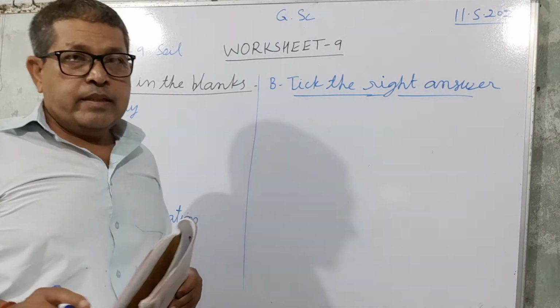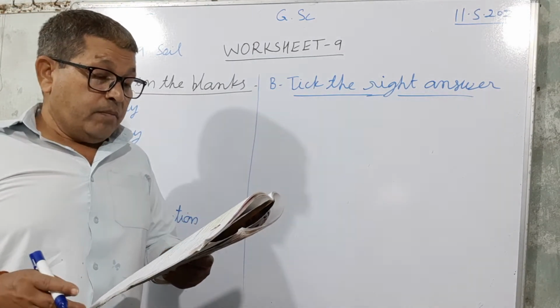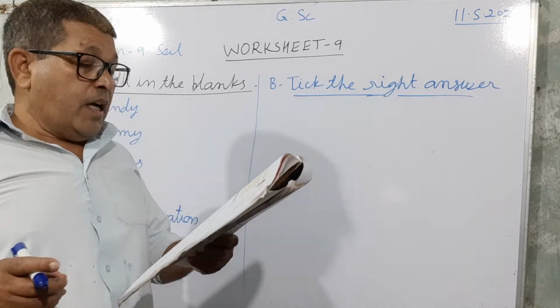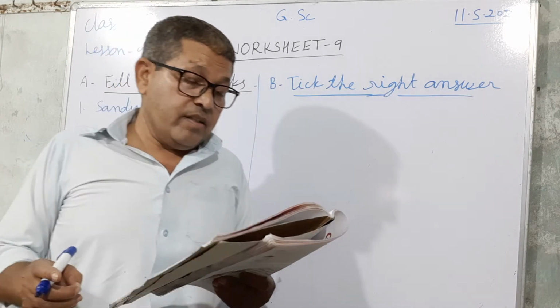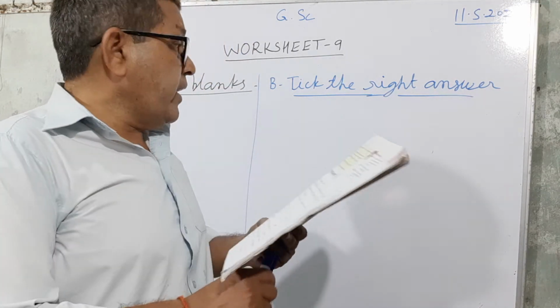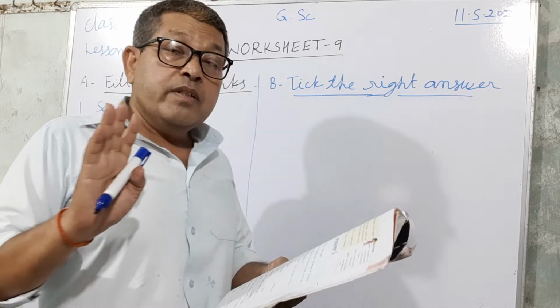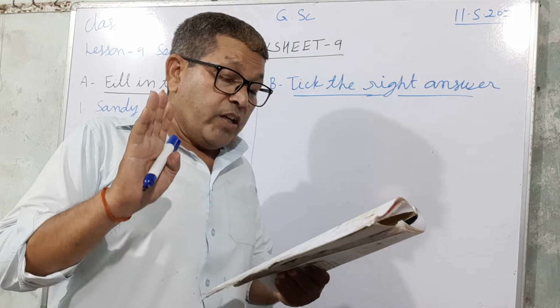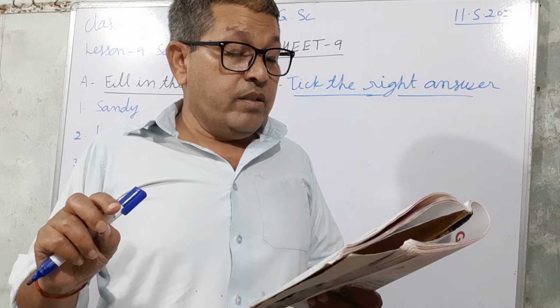First, a mixture of sand, clay and humus. Three options are given: sandy soil, loamy soil and clay soil.